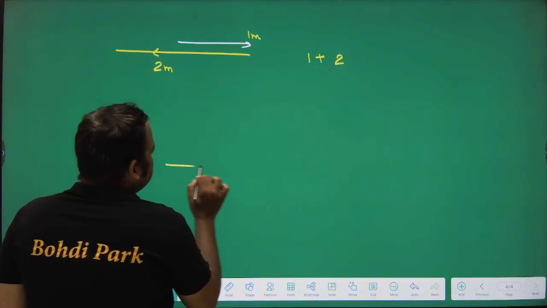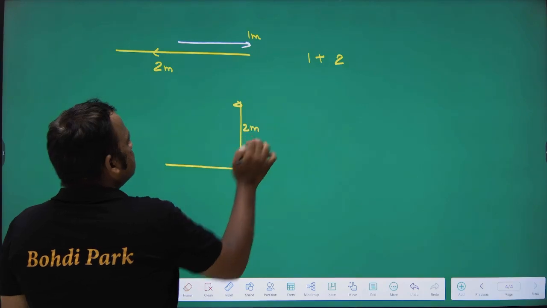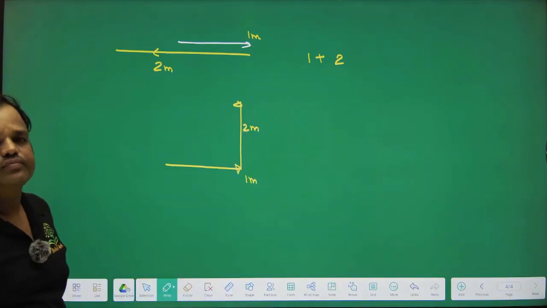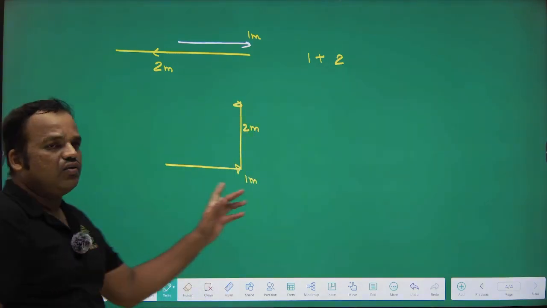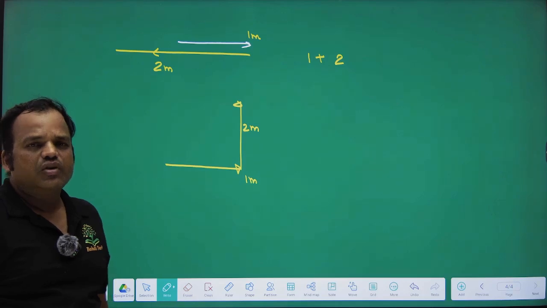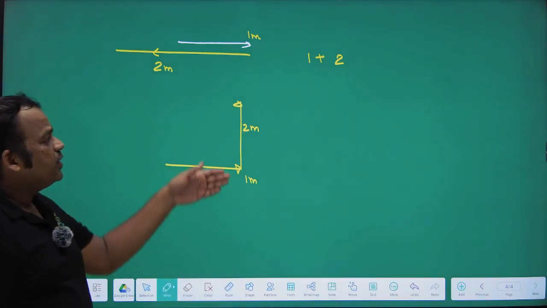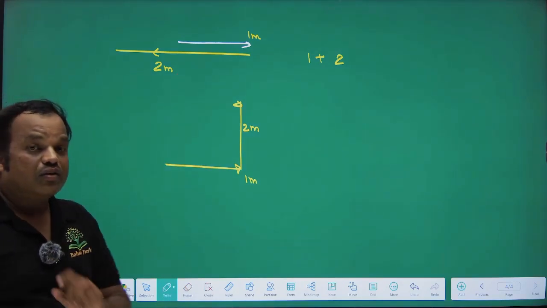If the particle is going 1 meter right side, then 2 meter along upward, or we can say 1 meter along x direction and 2 meter along y direction, or 1 meter along east direction and 2 meter along north direction.